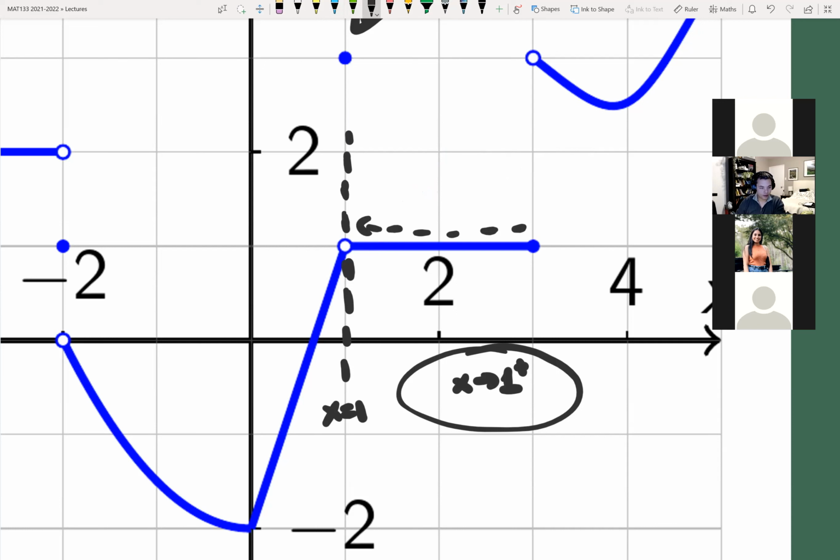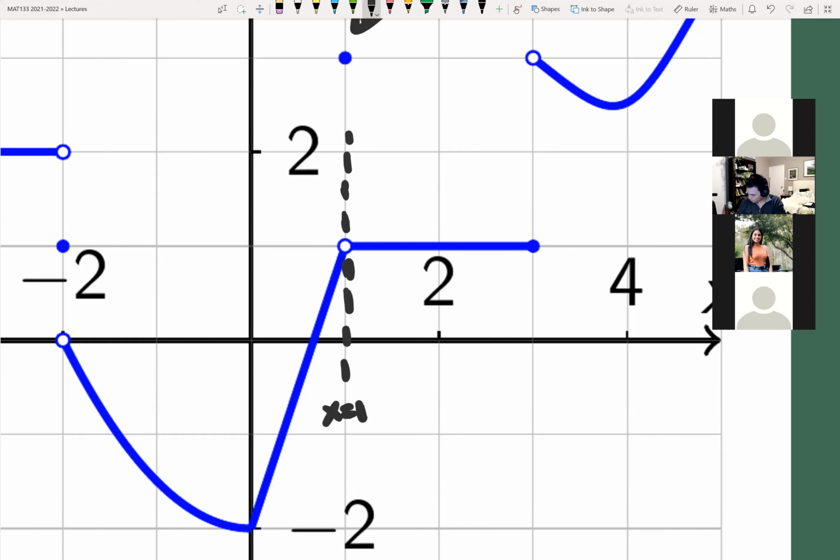And then I got a direct message asking me to maybe go over the approaching. Yeah, no problem. And then I got another direct message saying, okay, well, can we do x approaching 1 from the left again? So again, suppose that I'm walking on this line now. Right, so I'm approaching 1, but this time from the left-hand side. Okay, so what's the y value that I'm approaching?